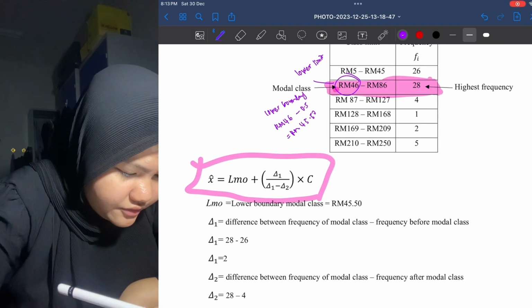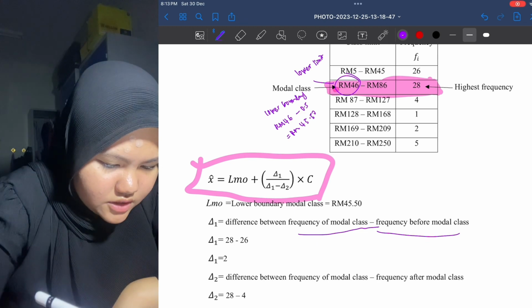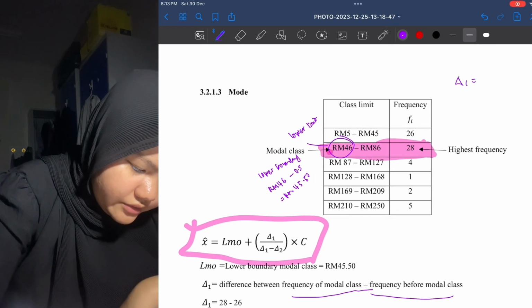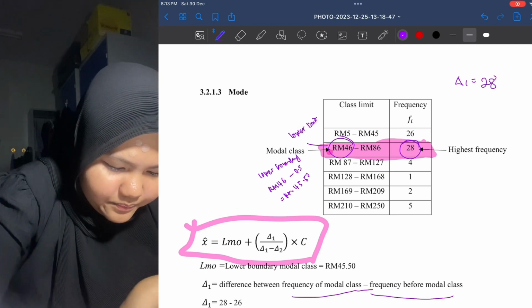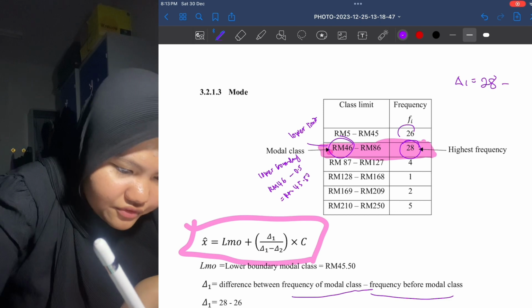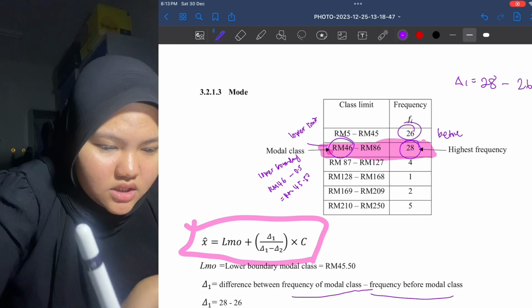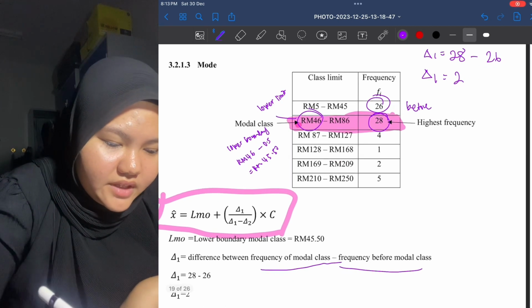Delta 1 is the frequency of the modal class minus the frequency before the modal class. The frequency of the modal class is 28, minus the frequency before the modal class, which is 26, and you get delta 1 equals 2.